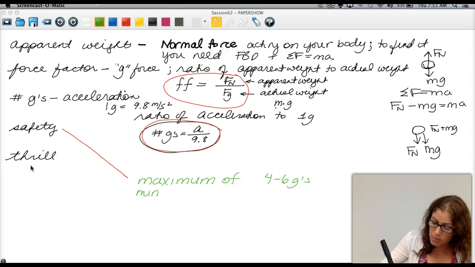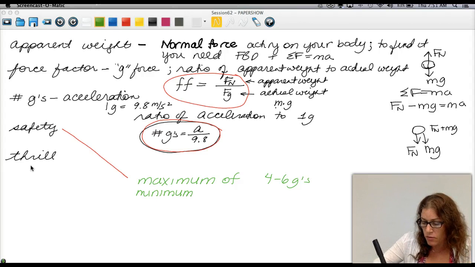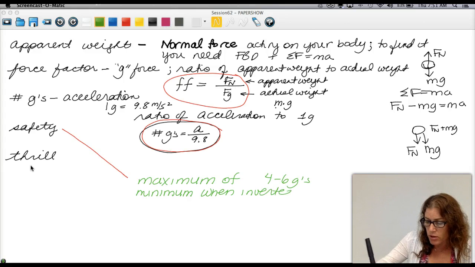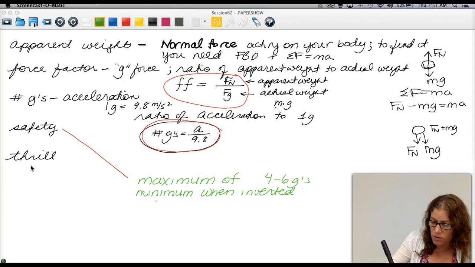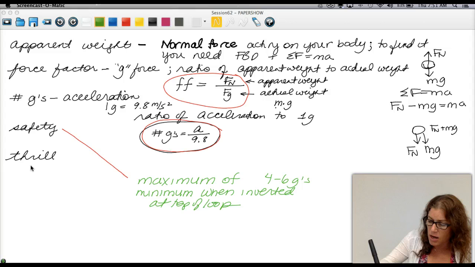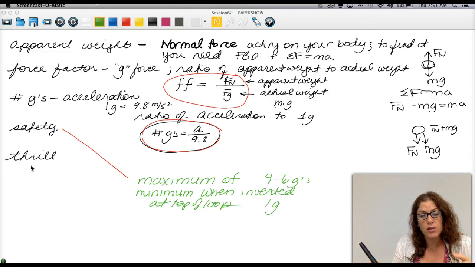The minimum, we only have a minimum when you're inverted at the top of a loop, because that's where it's dangerous, you can fall out. So the minimum you want to have at the top of the loop is 1 g. If you feel less than 1 g anywhere else, it's not a big deal because it means you're in free fall, but as long as you're not upside down, being in free fall is not a big deal.